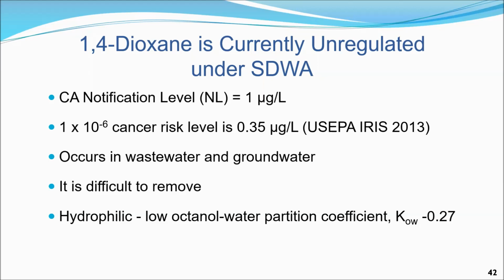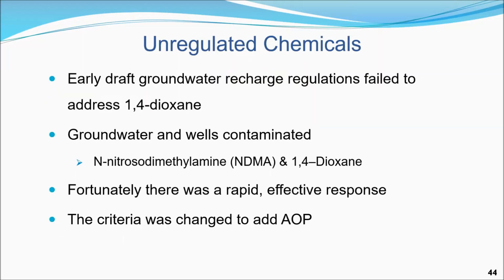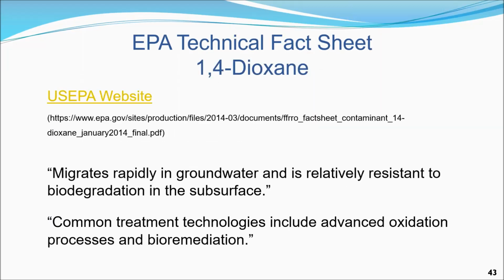Again, it's in wastewater and groundwater, and it's difficult to remove due to its low octanol-water partition coefficient. It's common in water, and basically the treatment technology is advanced oxidation. So my focus today is advanced oxidation processes, or AOP.